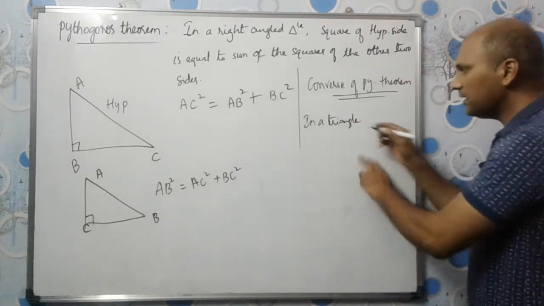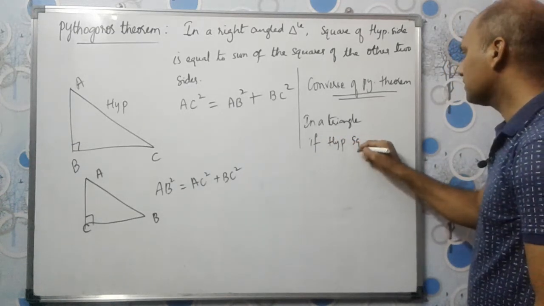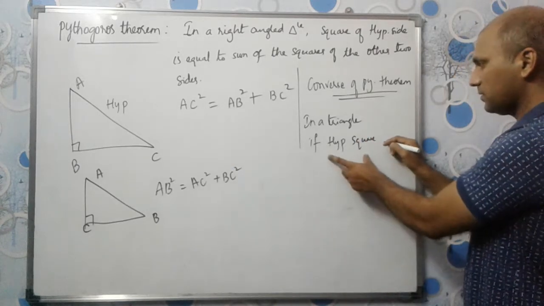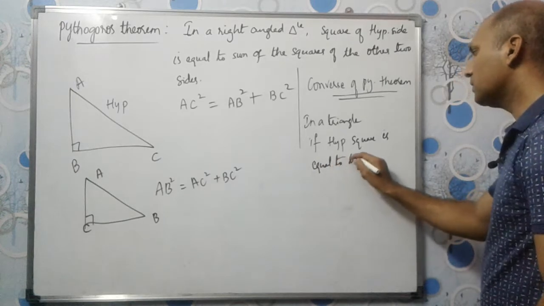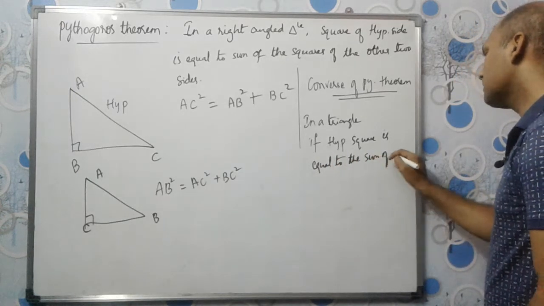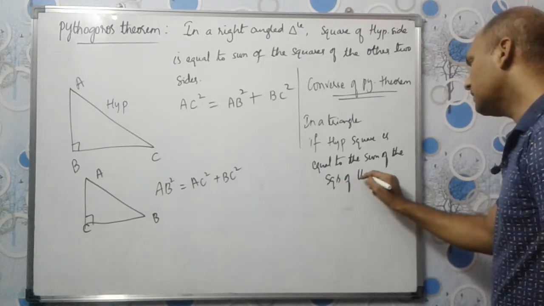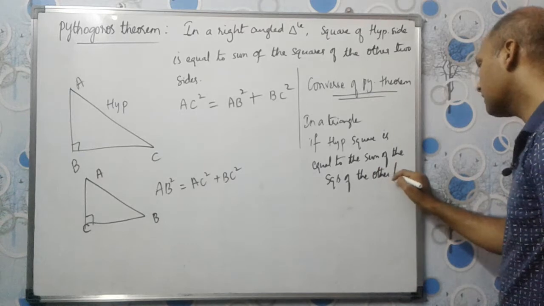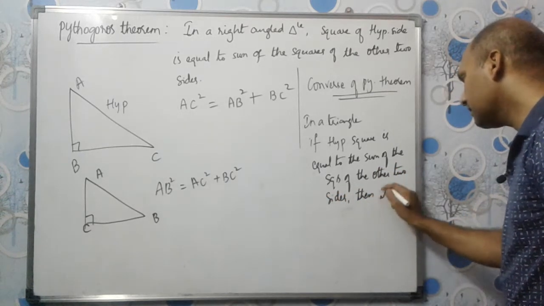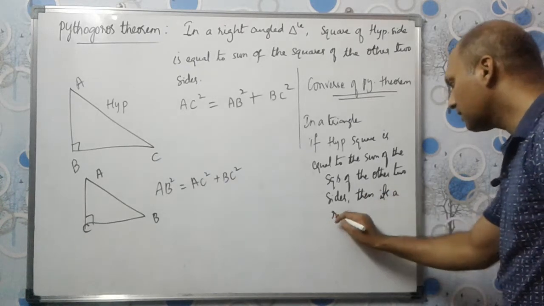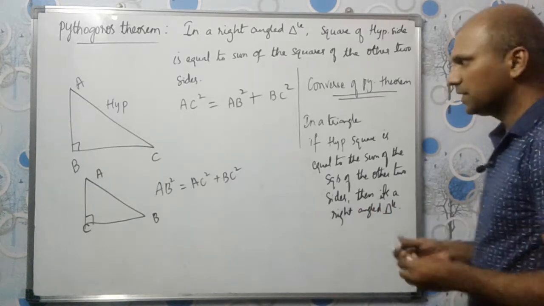So in a triangle, if hypotenuse square, or square of hypotenuse, is equal to the sum of the squares of the other two sides, then it's a right angled triangle. The reverse.